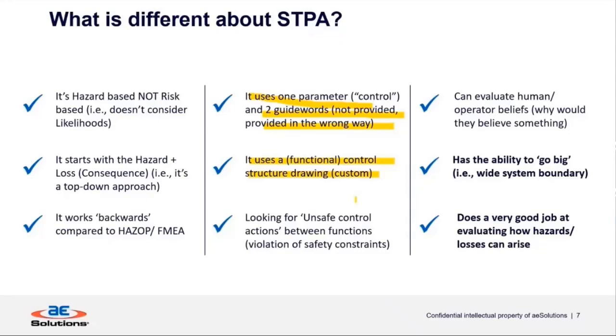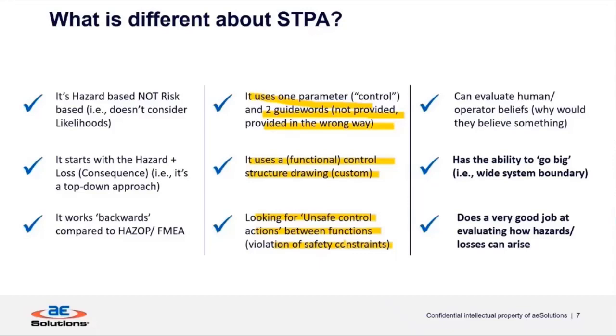As I mentioned earlier, under the parameter discussion above, the idea is to identify unsafe control actions. As a part of that, you're focusing on the control drawing, between functions or devices on the control drawing, and where the constraints of the system may be violated, the safety constraints may be violated.